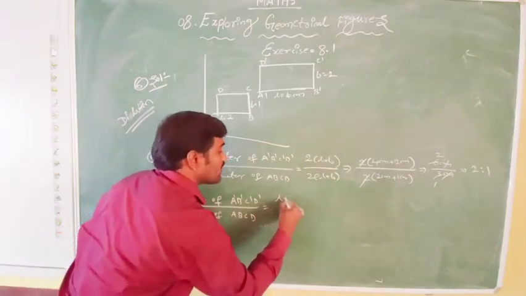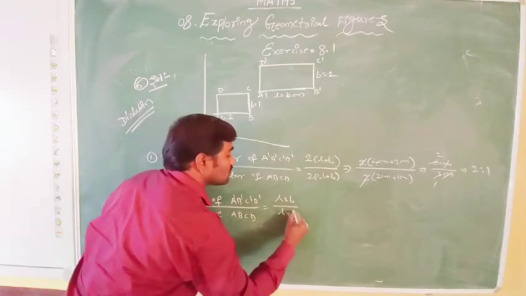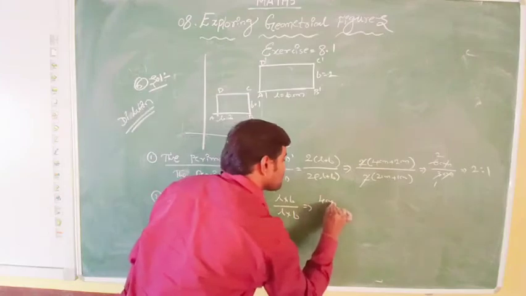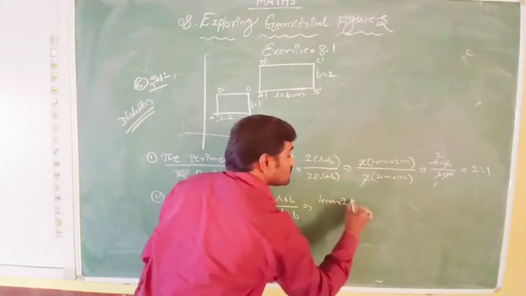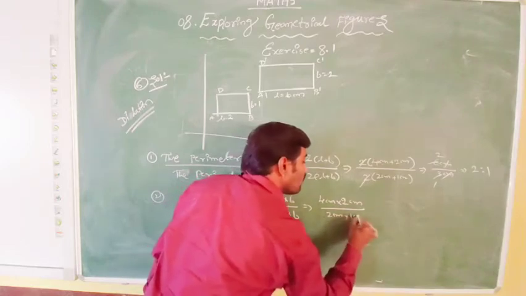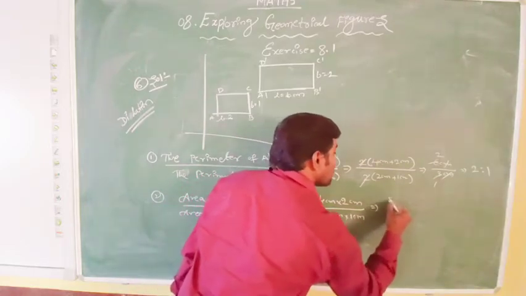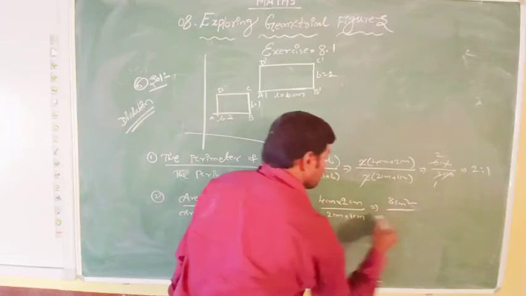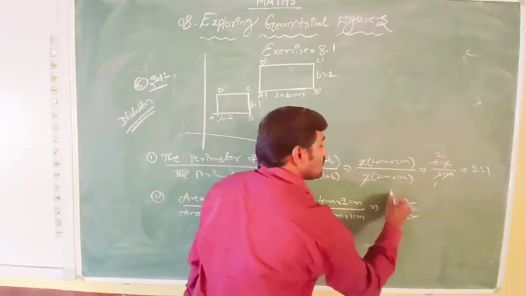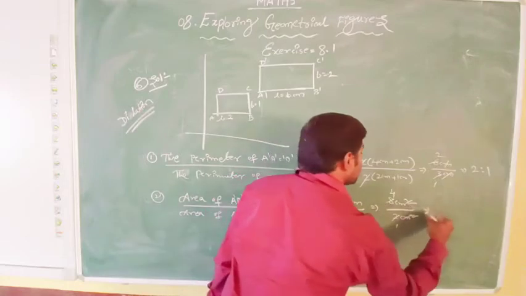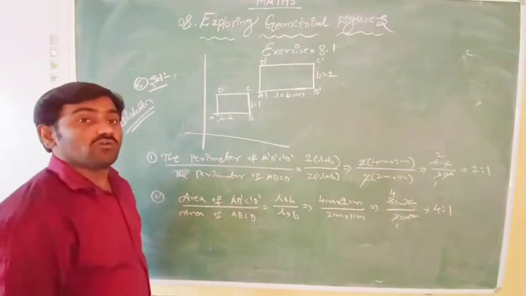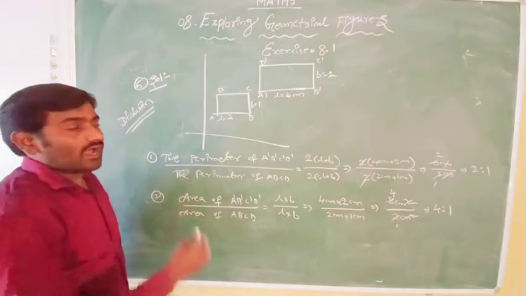You know that the area formula is L into B. Here L is 4 centimeter, breadth is 2 centimeter, by here 2 centimeter into 1 centimeter. 2 fours are 8 centimeter square by here 2 centimeter square. 2 ones are 2, 2 fours are 8. Centimeter cancel, 4:1. The areas will be in the ratio of 4:1.